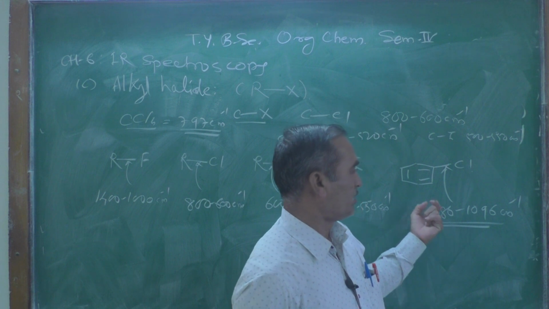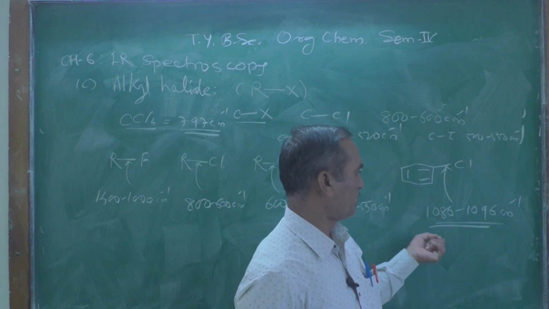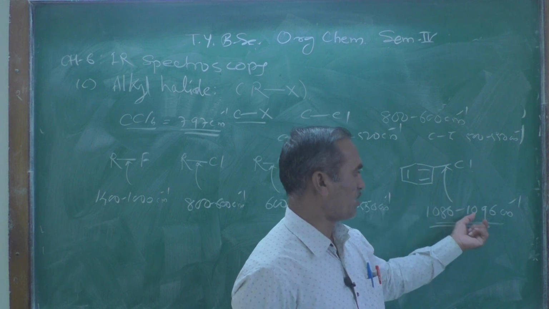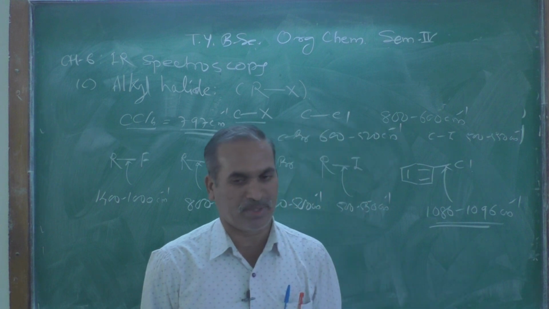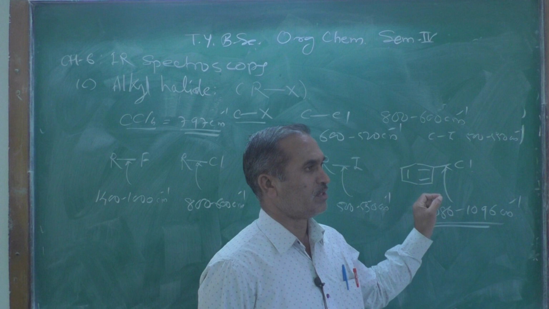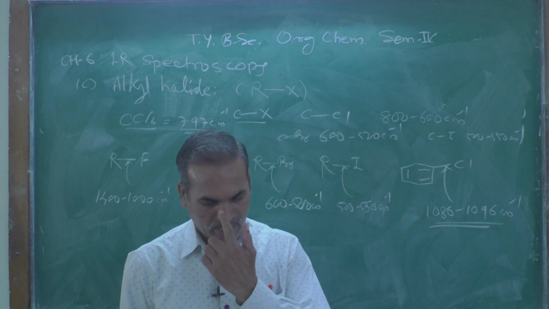So the appearance of an absorption peak at 1086 to 1096 per centimeter shows the presence of an aromatic chloride in the organic compound.